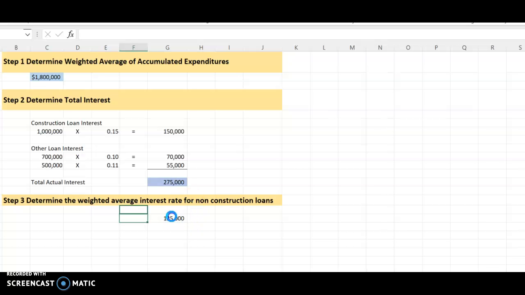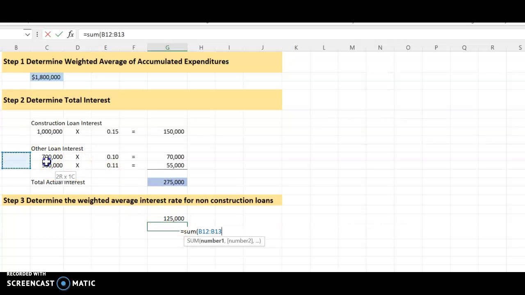Then you would divide that by the total of your non-construction loans, which is the $700,000 plus the $500,000. You don't have to add it in here; I'm just showing you how I got it, and my mouse is not cooperating.